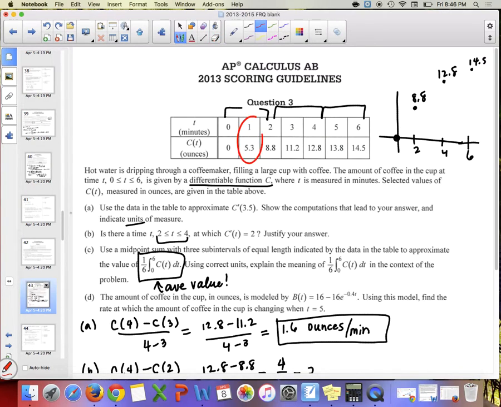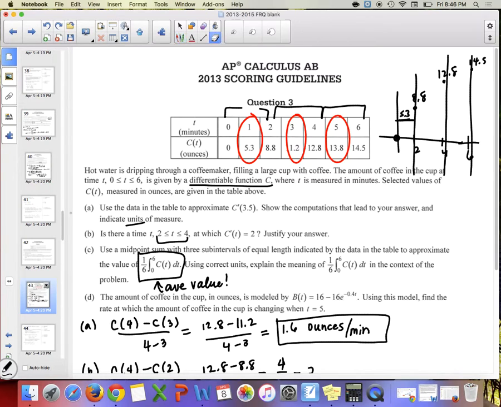I'm using these 3 as my height because this creates the partitions, but the height of those has to be the midpoint. So I'm going to use 5.3, 11.2, and I'm going to use 13.8. And all of them have a width of 2.